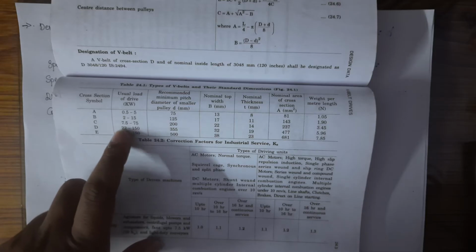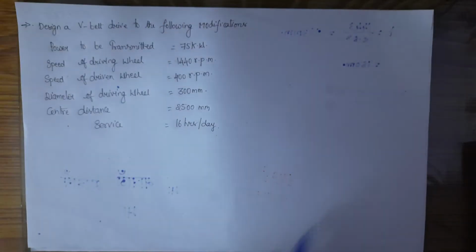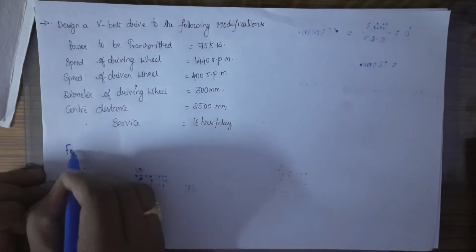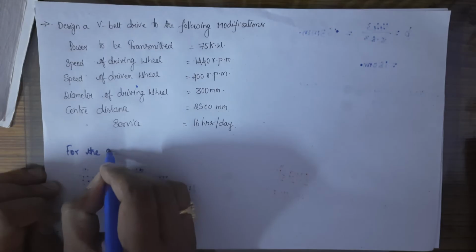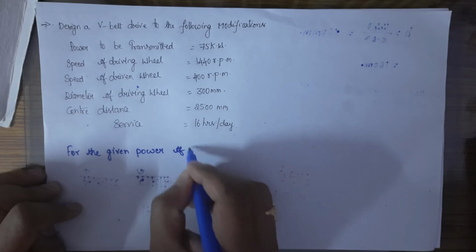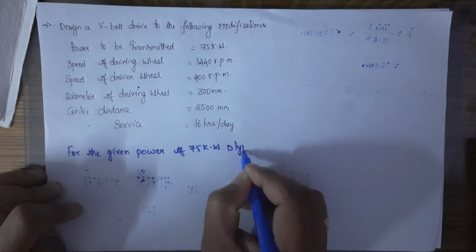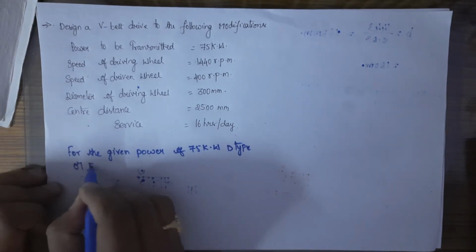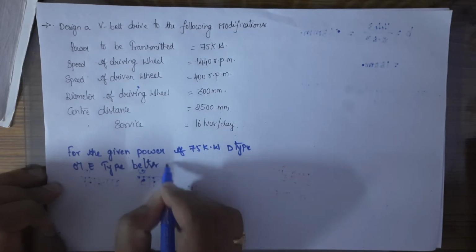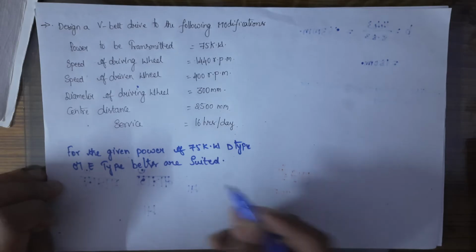I am going to select the belt D. For the given power of 75 kilowatt, D type or E type belts are suited. So let us select the D type belt.